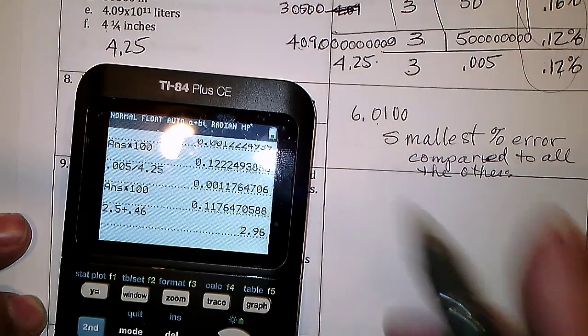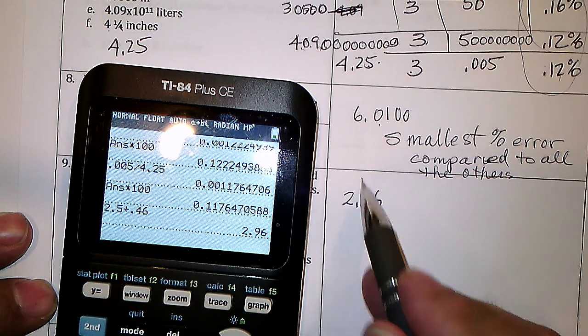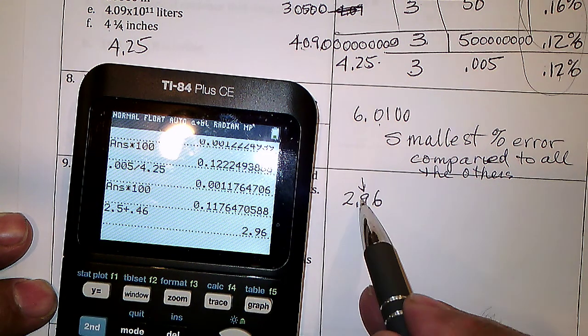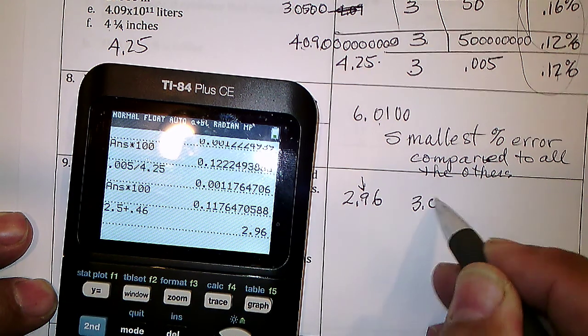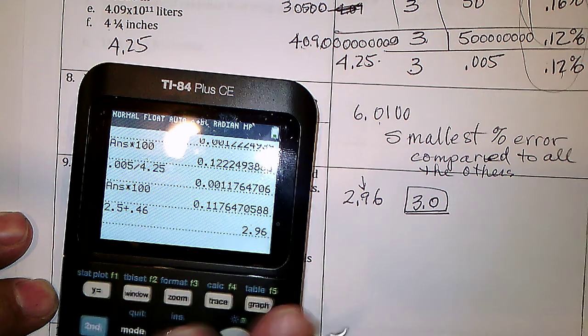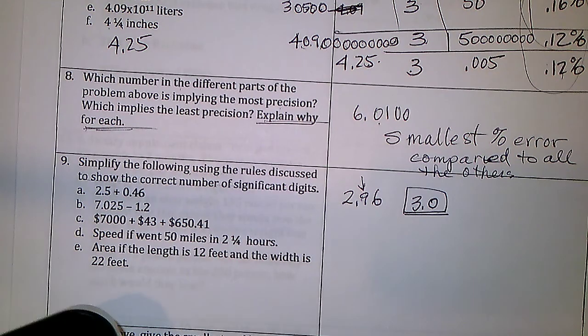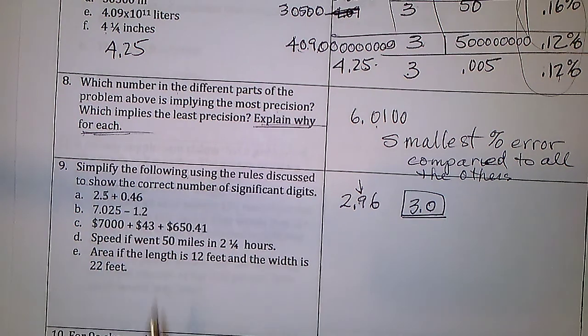That would change this to go up by 1, so we'd have to write 3, and we'd have to keep the 0 to say that it comes out to be 3.0, to the tenths place.